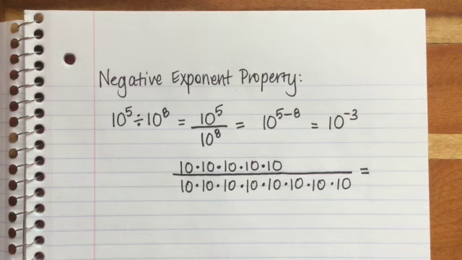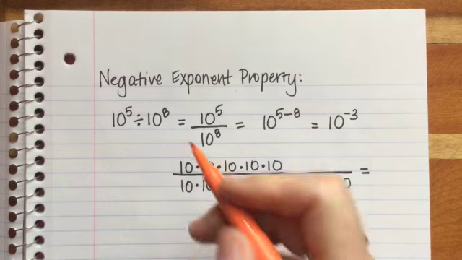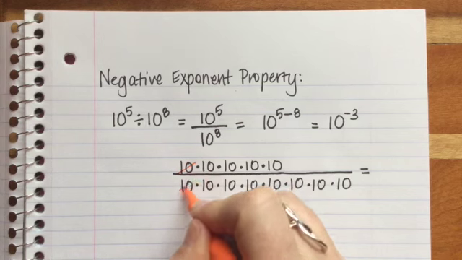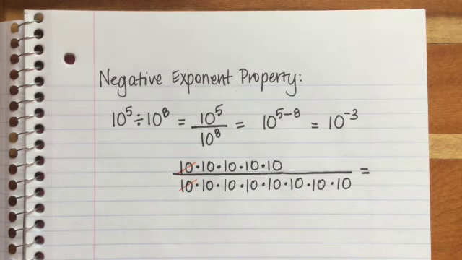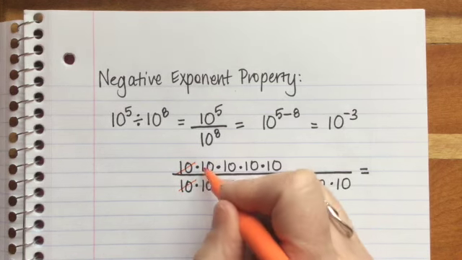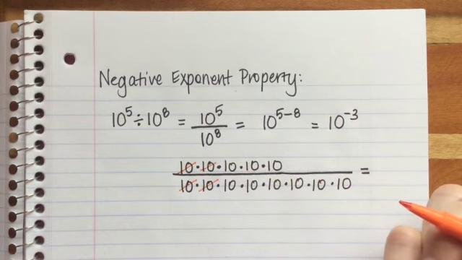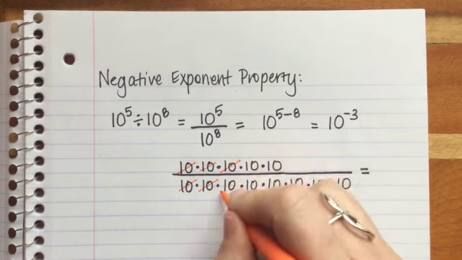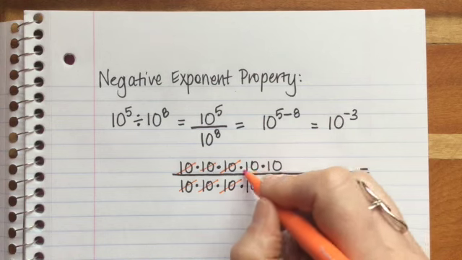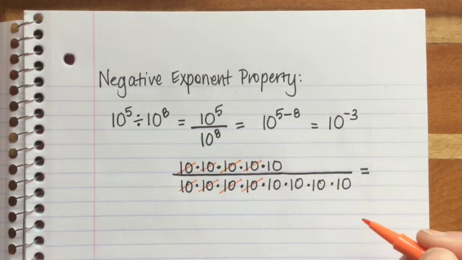And I'm going to cancel out by identifying that this 10 and this 10 divided by 10 would equal 1. 10 divided by 10 would equal 1. These are canceling out. This set cancels. This set would cancel. This set would cancel.